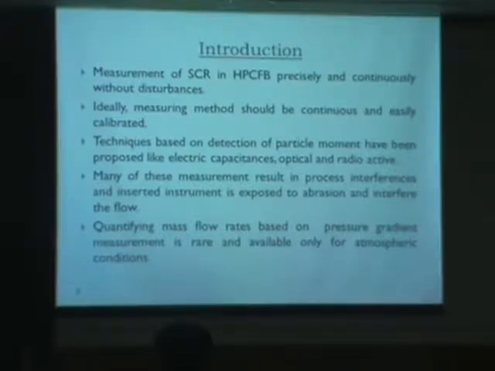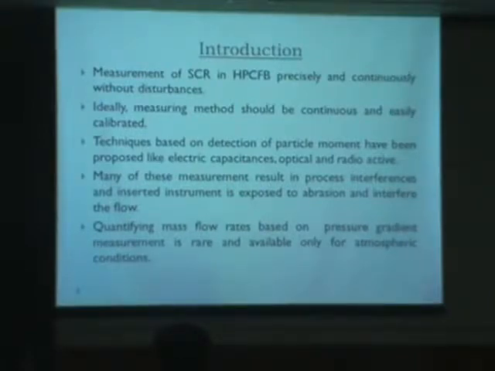Ideally the measuring method should be continuous and easily calibrated. In past studies, some researchers attempted to measure solid circulation rate, and they offered techniques based on detection of particle movement, such as electrical, optical, and radioactive methods.